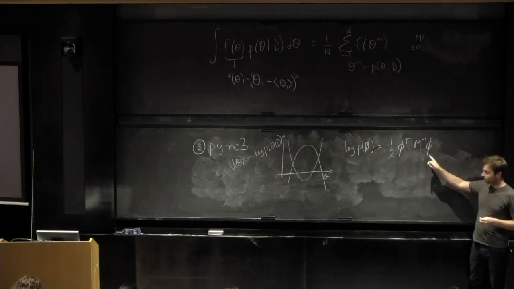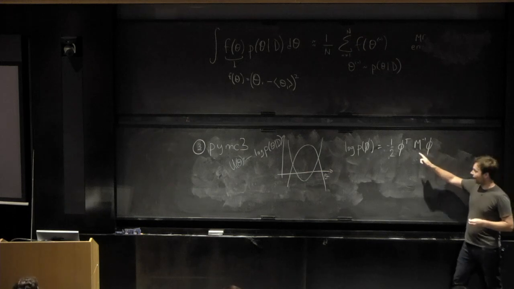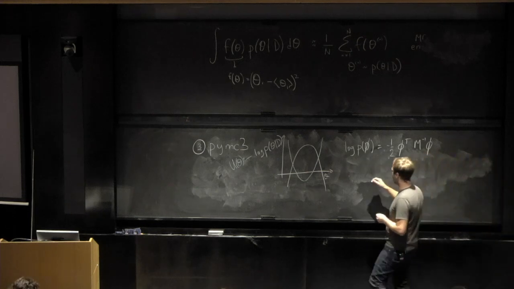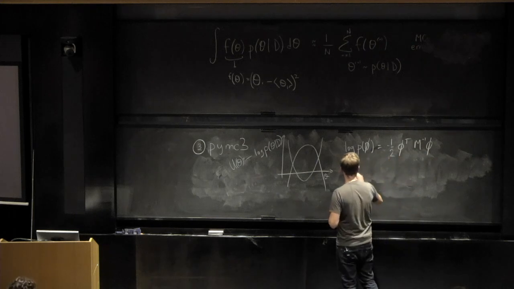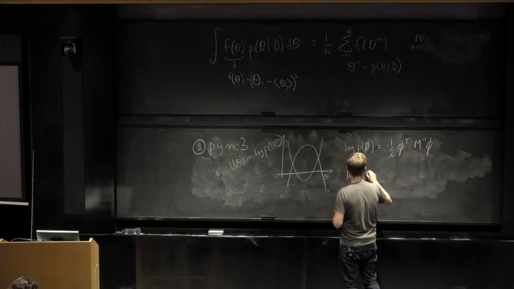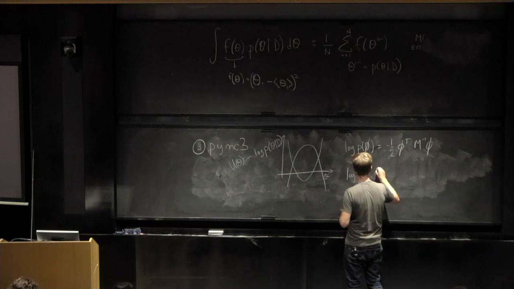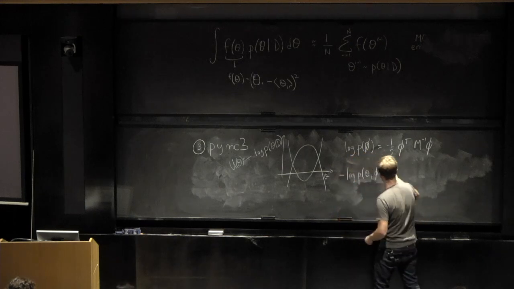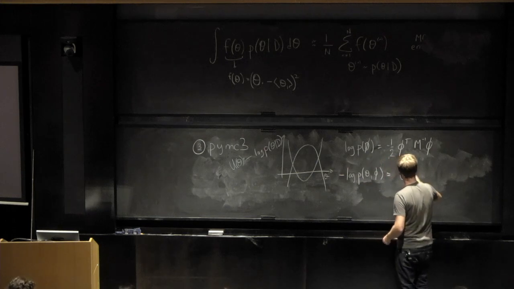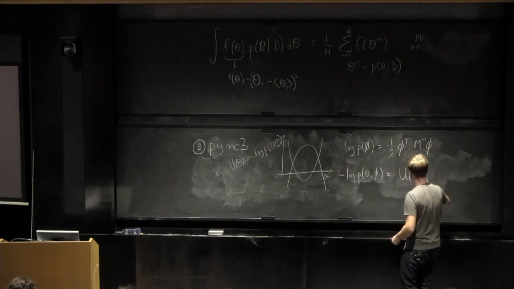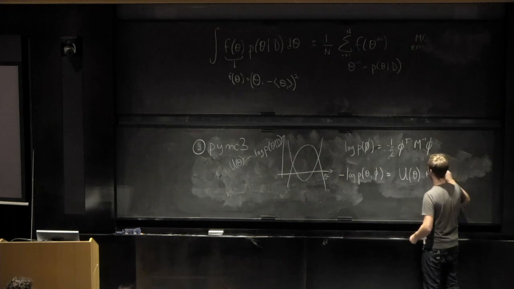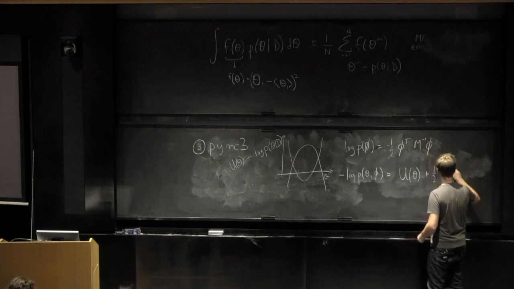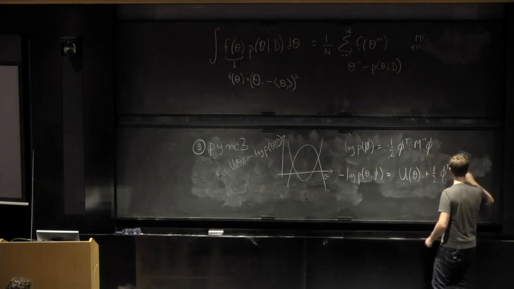Now, I've doubled the number of parameters, and I've added these two things together. So now I have log P of theta and phi, which is minus U of theta plus 1/2 phi transpose M inverse phi.